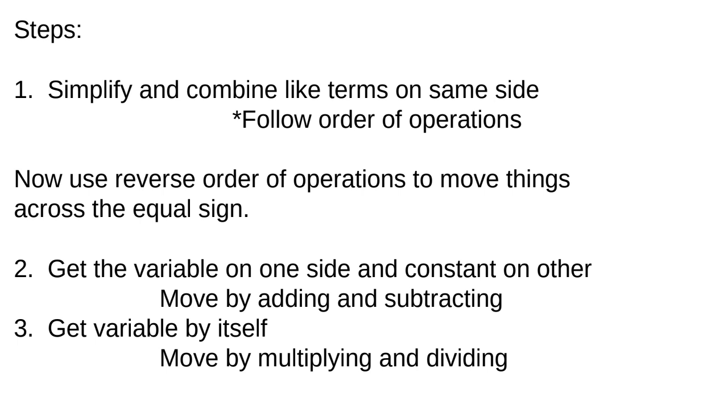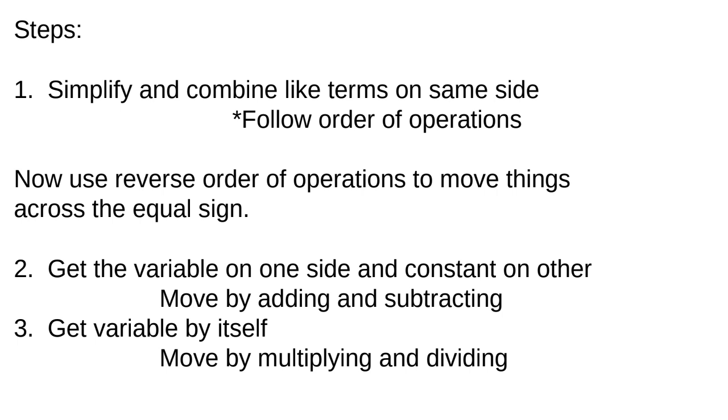Now, once you've gotten everything simplified, then it's time to start moving things to the other side, potentially, of the equal sign. Whenever we're moving things across to the other side of an equal sign, we're going to have to follow reverse order of operations to work backwards. So in step 2, we start that reverse order of operations process by trying to get the variable on one side of the equal sign.